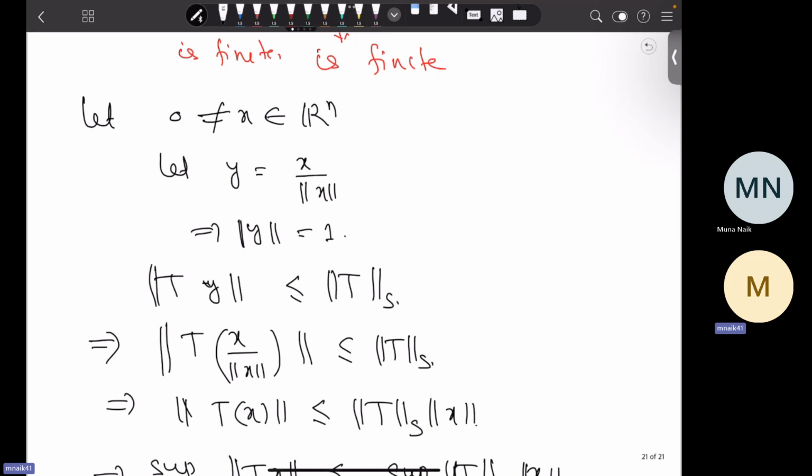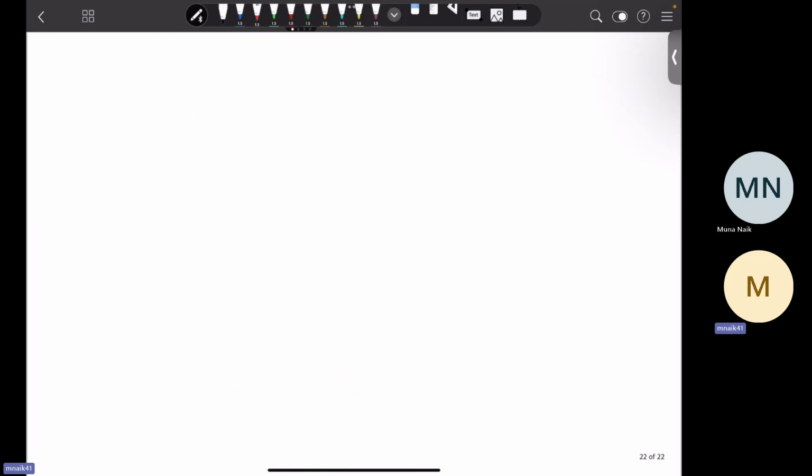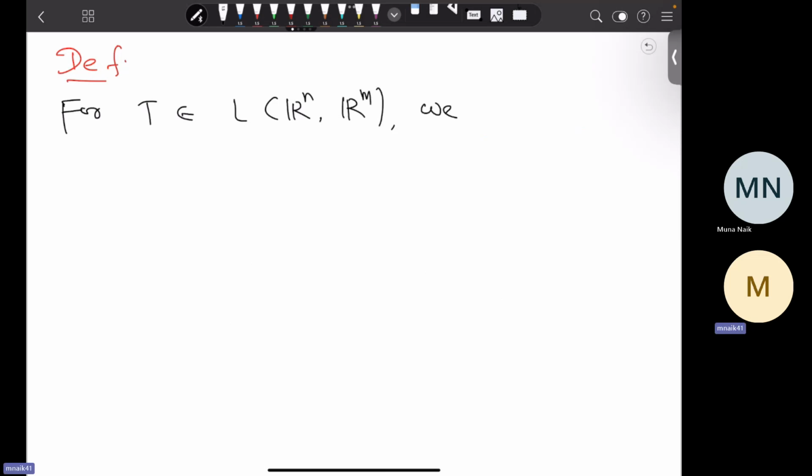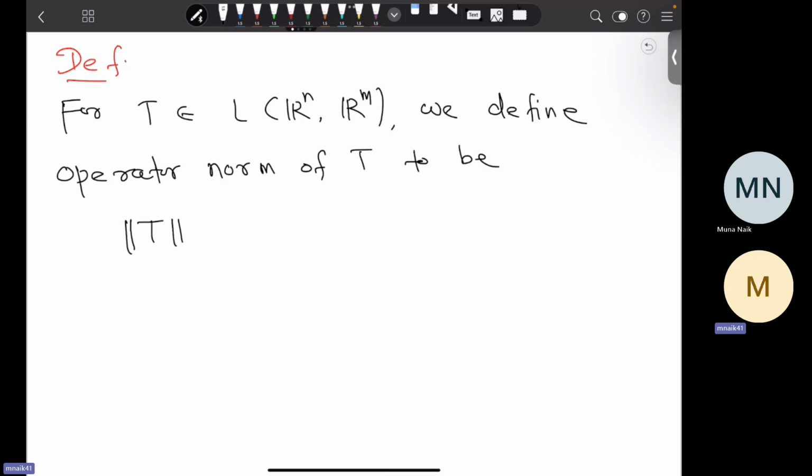Okay, so now I have a new definition. For T belonging to L(Rn, Rm), we define the operator norm of T.